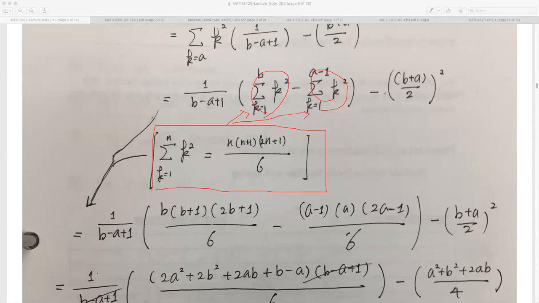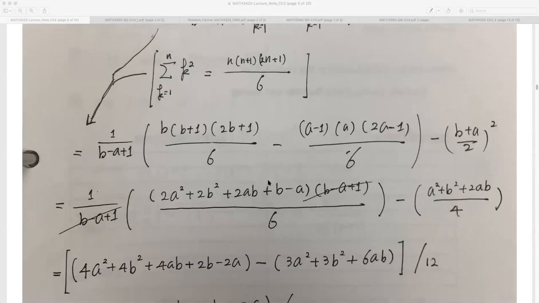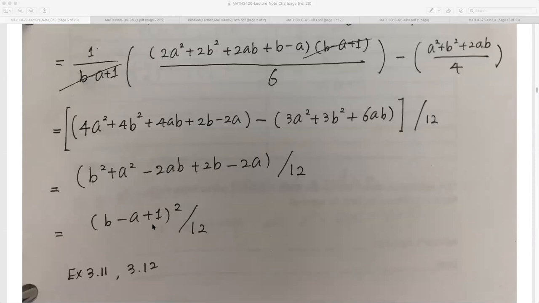It's complicated, sure, but just simplifying this, you will get (b minus a plus 1) squared over 12.